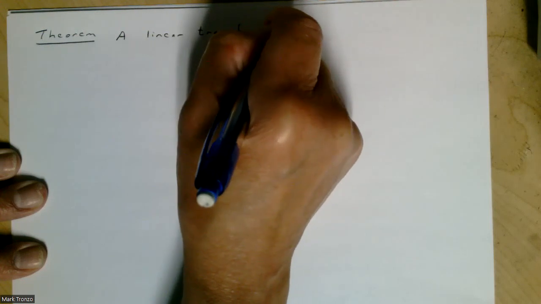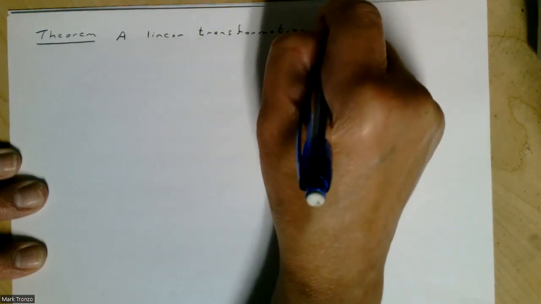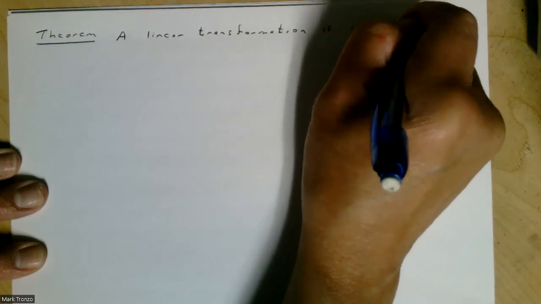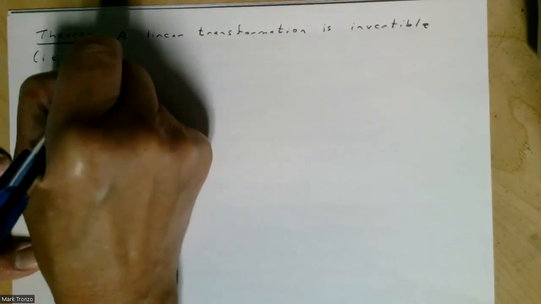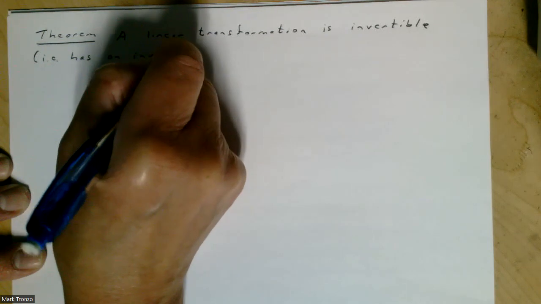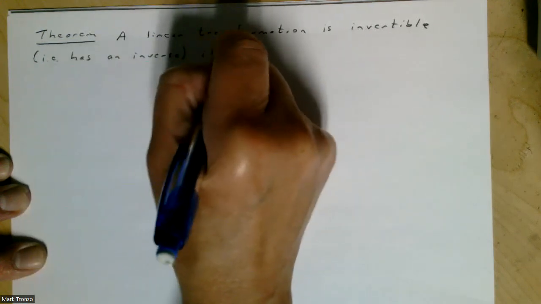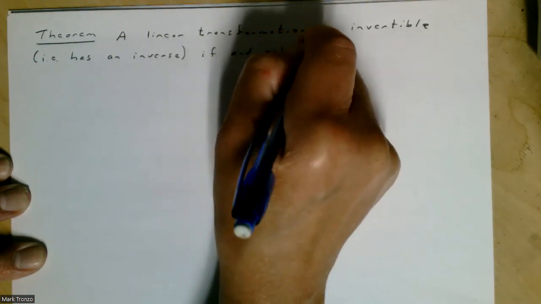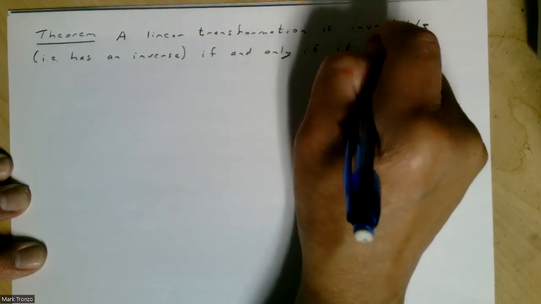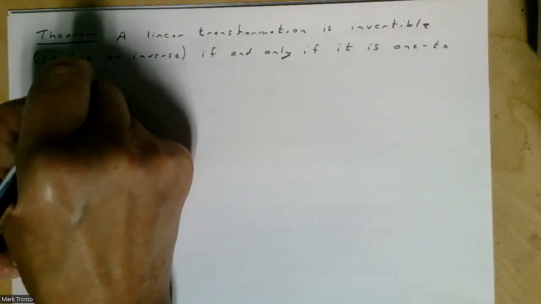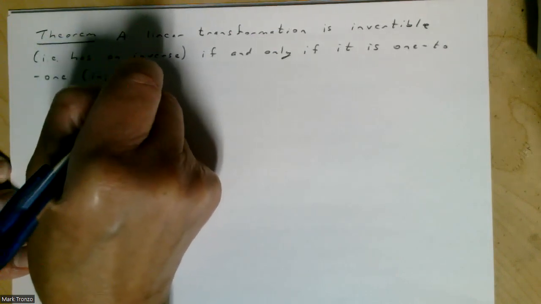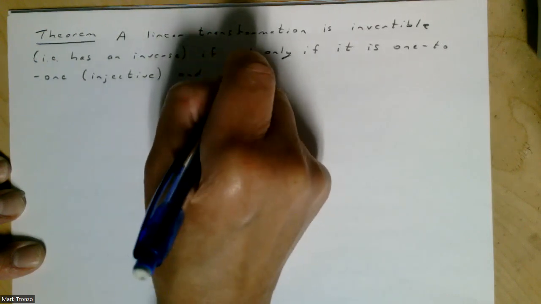This theorem says a linear transformation is invertible, that is, has an inverse, if and only if it is 1-to-1, and remember, that's the same thing as injective, and onto.